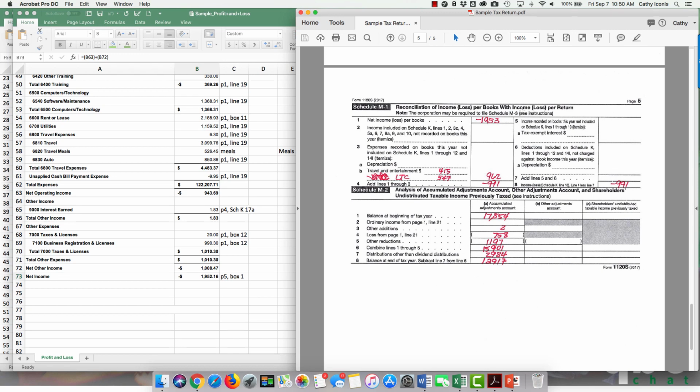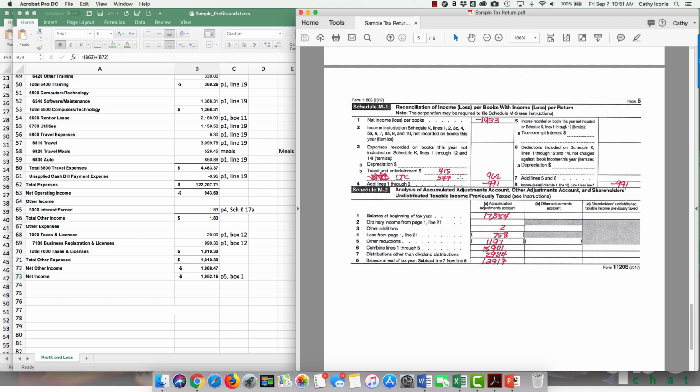And we start off with what is the net income per the books. And then we include these adjustments. So there's things that obviously are not deductible, or different variances between tax and what we actually show on the P&L, the tax return and the P&L. So in this instance, half of meals and entertainment is not included, so we have to adjust that out.